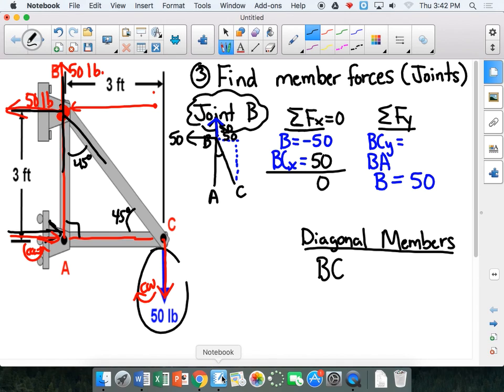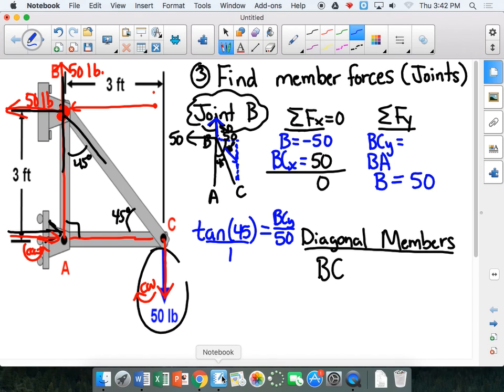So remember that this angle is 45 degrees, which makes this angle also 45 degrees. So if I solve for this component, BCY, this is BC in the y direction, I'm going to do the tangent of 45 equals, the opposite side is the one I don't know, BCY, over the adjacent side, which is 50, that's BCX.